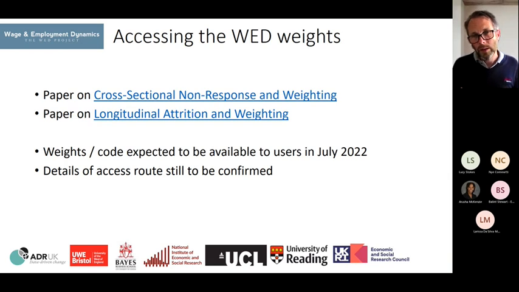It's not yet entirely clear whether we'll be able to give you a variable or whether we'll need to give you some code that you run on the data set to create the weight. ONS are still figuring out some of the logistics of that, but we do expect them to be available one way or another in July.